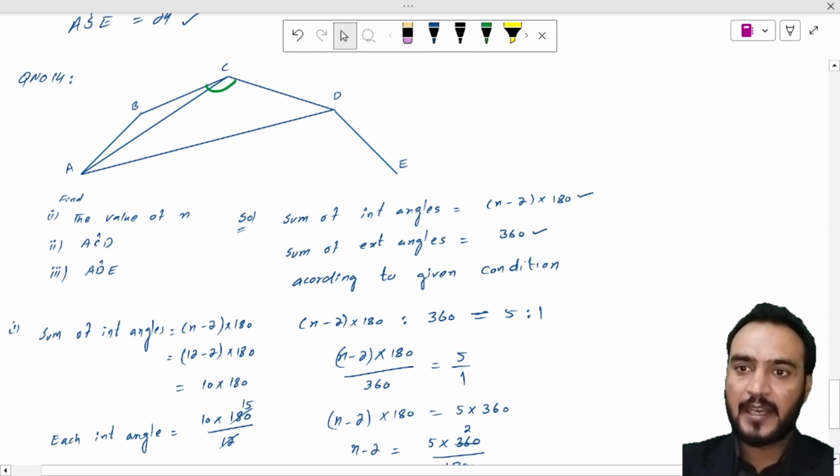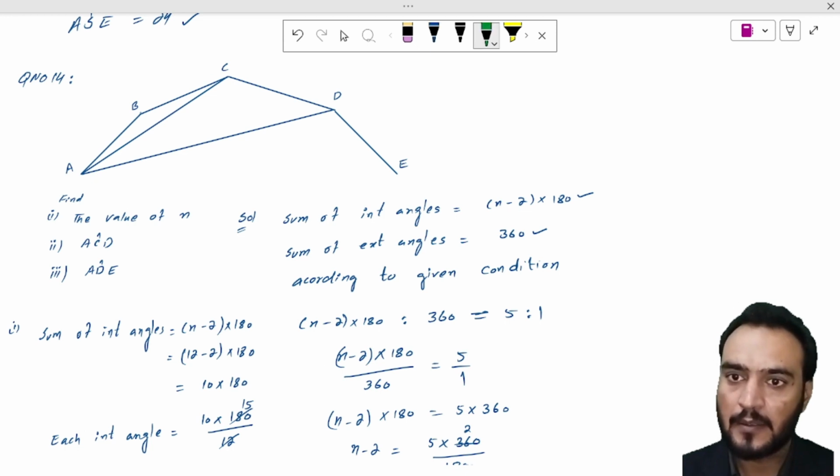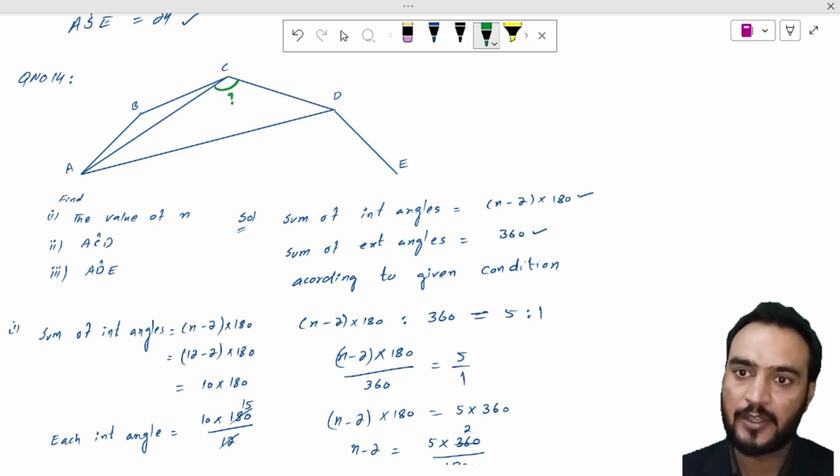To find the angle ACD, we need to find this angle. If the line AB is equals to the line BC, then the angle at point C is equals to x degree, and the angle at point A is also equals to x degree, because the angles opposite to the equal sides are equal.